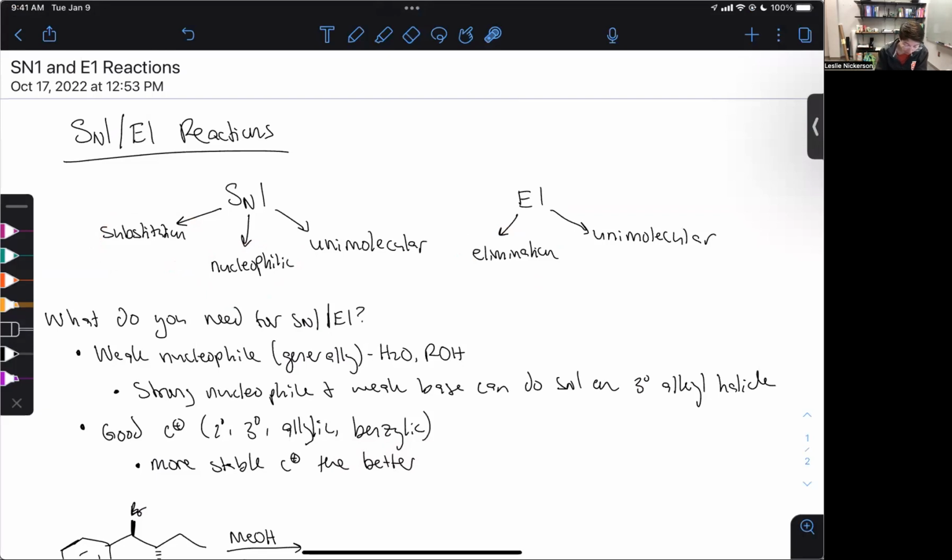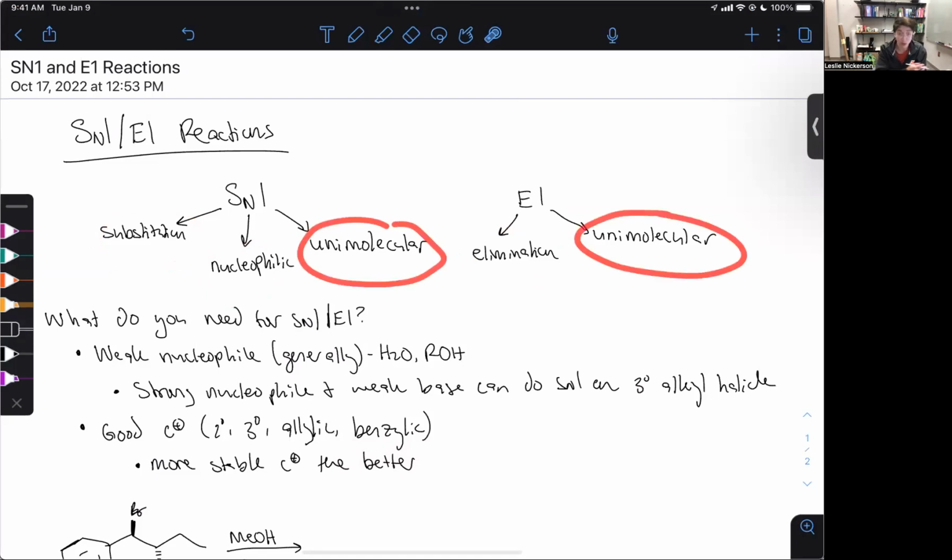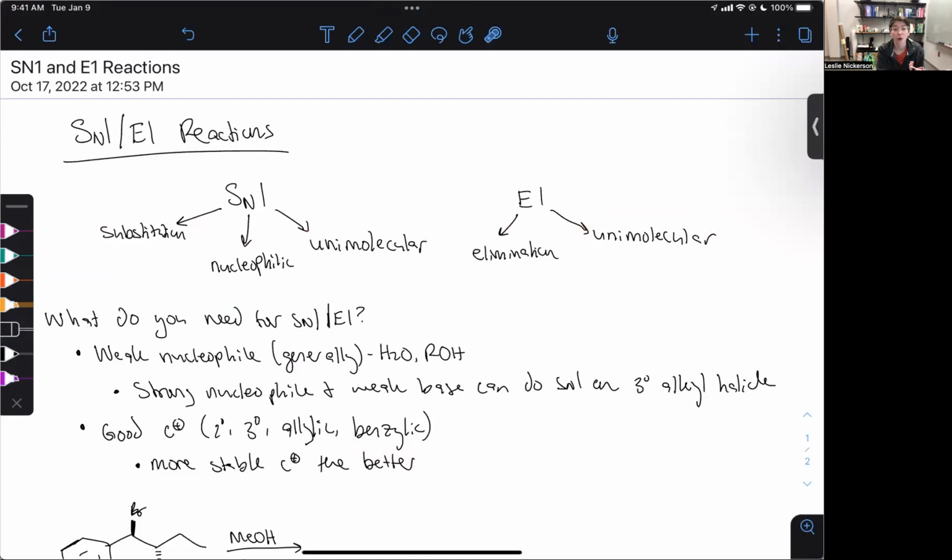Okay, so the big difference here comes from this unimolecular term. In SN2 and E2, that's bimolecular. The unimolecular means that there's only one molecule involved in the rate determining step. So when you have your rate determining step, you should only have one compound that has arrows on it.